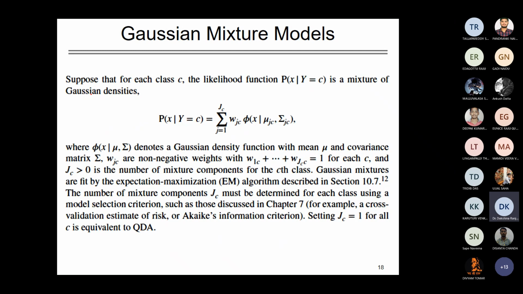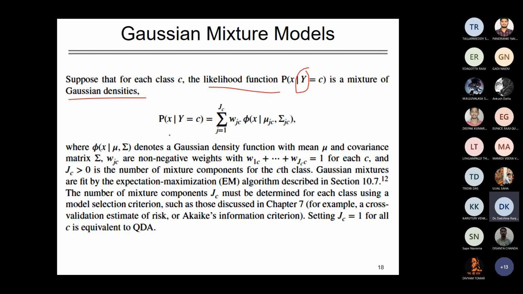Okay. Now let us consider that for each class, we will consider a particular class C, and the likelihood function probability of x given y. So this y represents the class information. Now we are considering a particular class C. For that particular class C, we will get the likelihood function probability of x given y equals C. Now how can we determine the mixture of Gaussian densities?